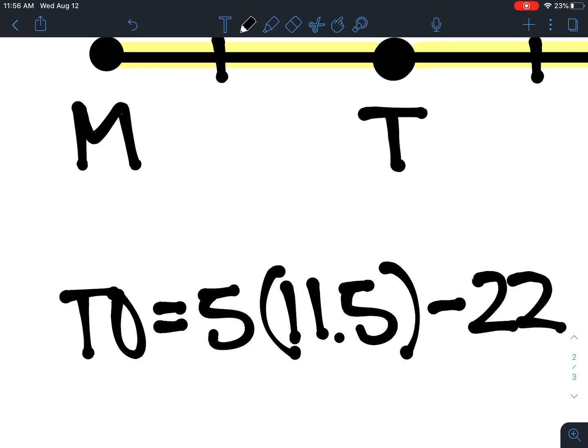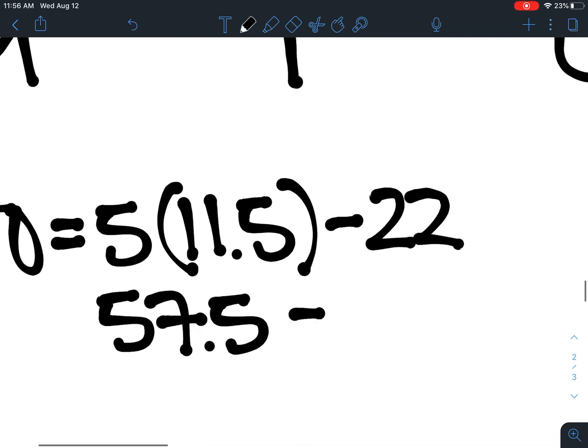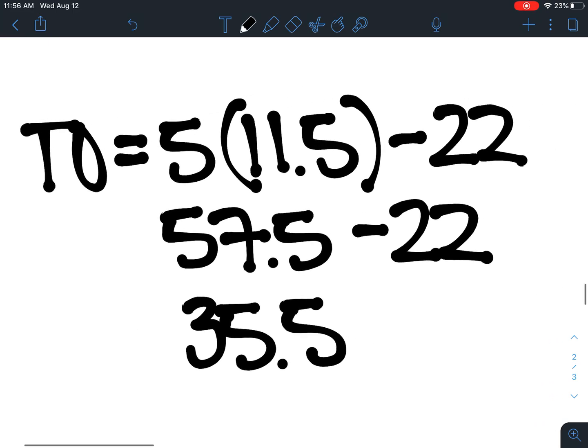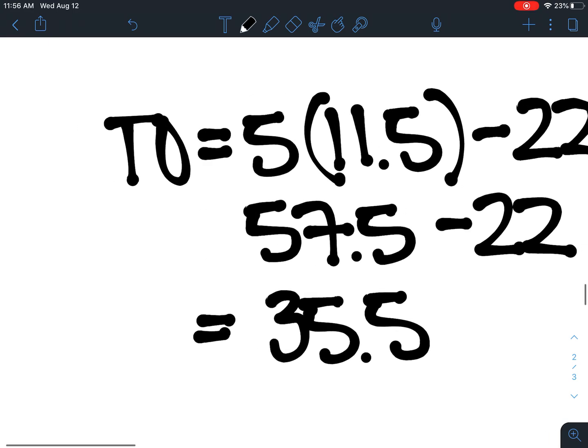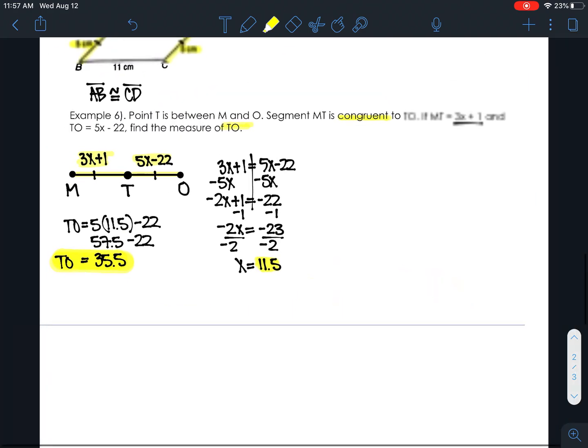Now I'm going to solve that. 5 times 11.5 gives me 57.5, minus 22, which gives me 35.5 as your length of TO. And that is our final answer.